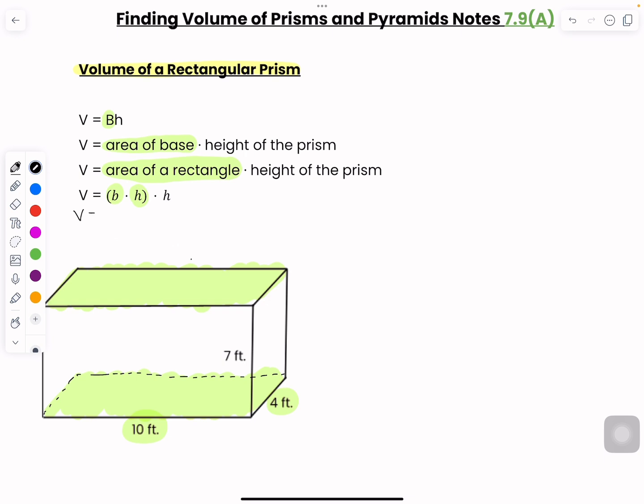Volume equals 10 times 4 times, now we're going to look at this other h. And remember, this other h is referring to the height of your prism. And in this case, that height is the distance between the two bases. And in this case, it's 7 feet.